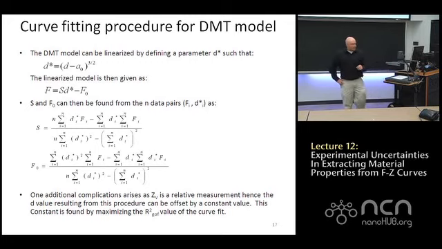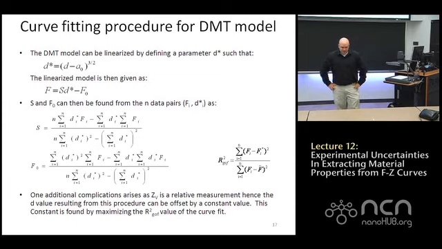One complication worth mentioning is we said that D is Z in nanometers minus delta in volts, right? So I asked you, what is the zero location of Z in nanometers? Where is the zero location of your Z? Minimum force?